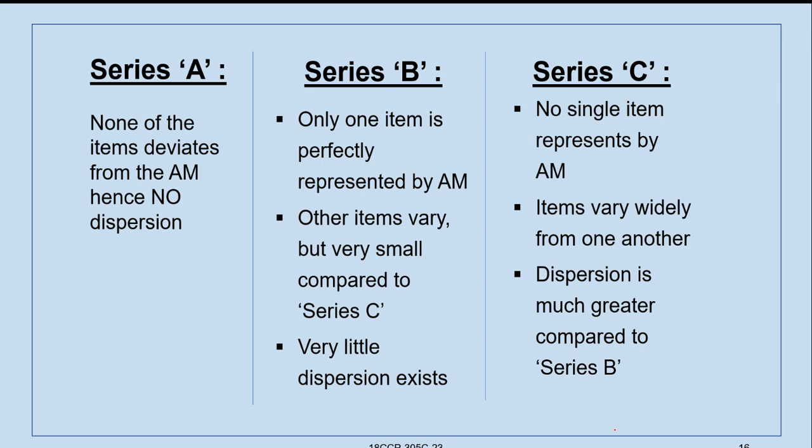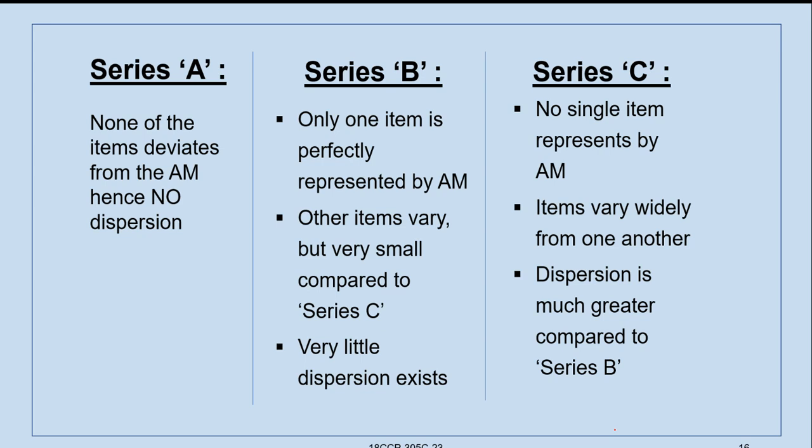Only one item is perfectly represented by the arithmetic mean. Other items vary, but very little compared to series C. Very little dispersion exists here because the items are very close. In series C, no single item represents the arithmetic mean because no item is nearer to the 50.